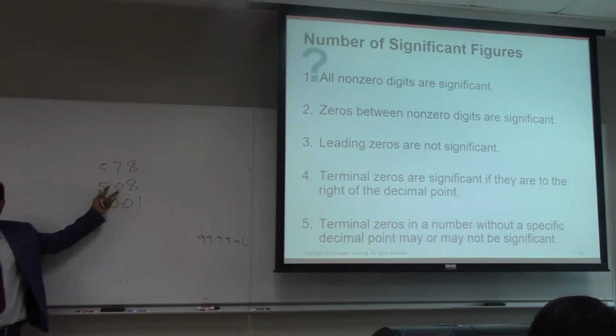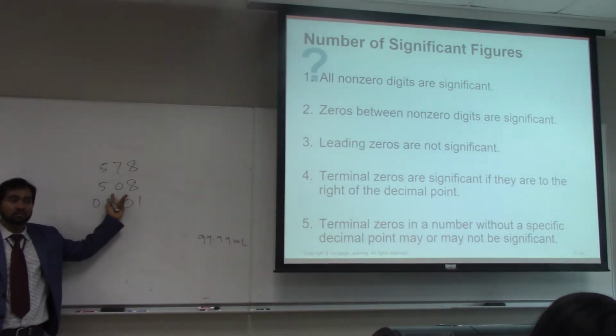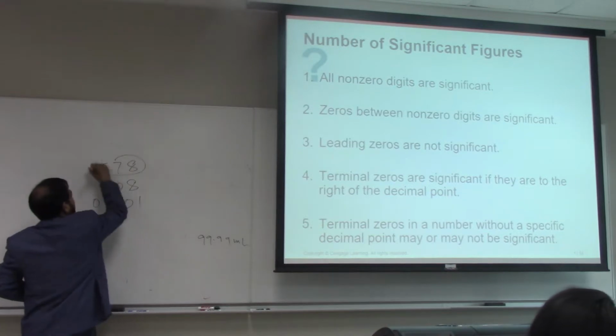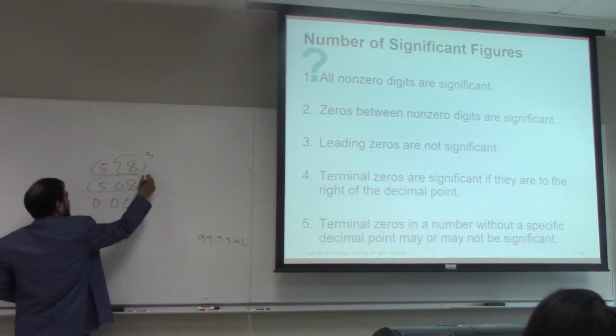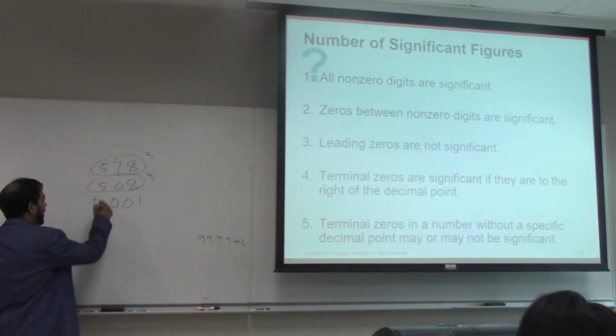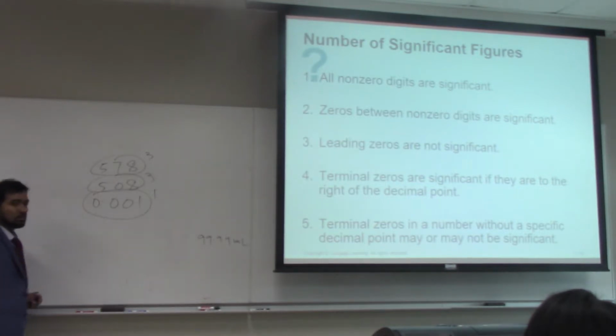So zero between two non-zero digits is significant. So this has 3 sig figures. It also has 3 sig figures. And how many sig figures does this have? 1, right?